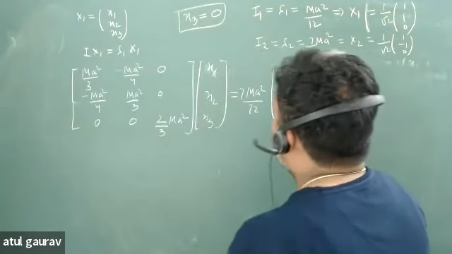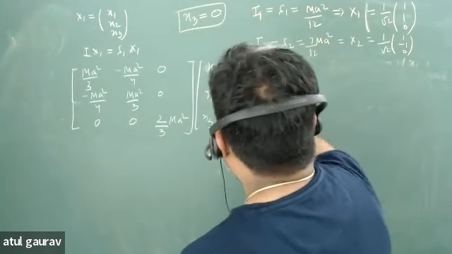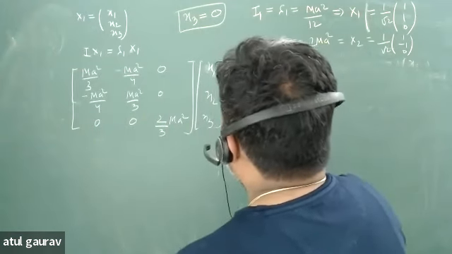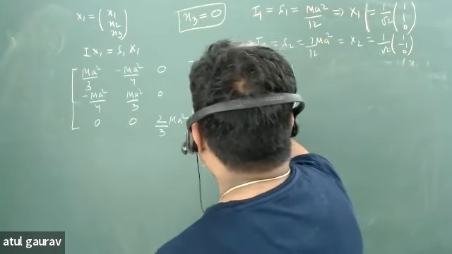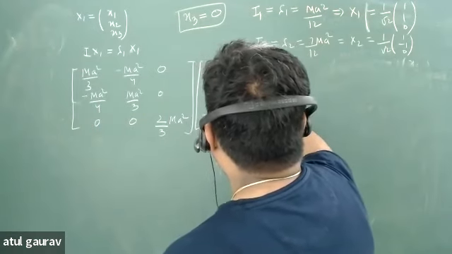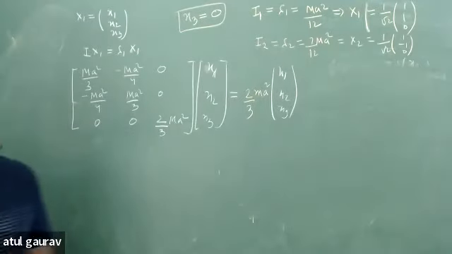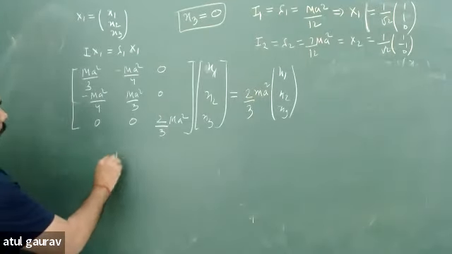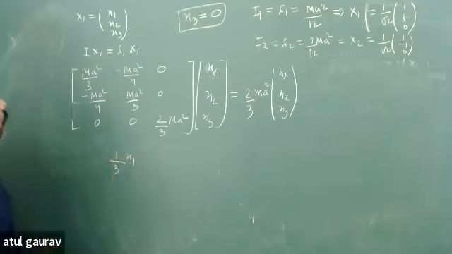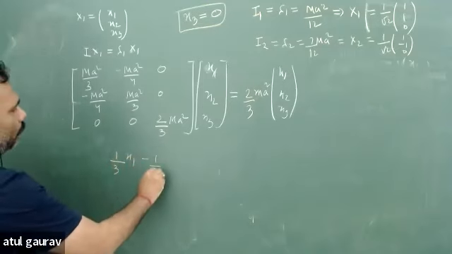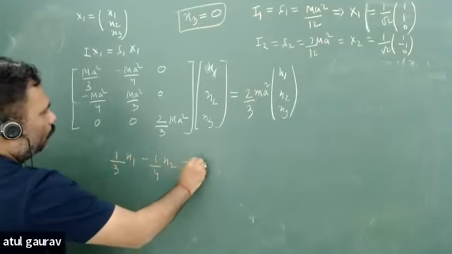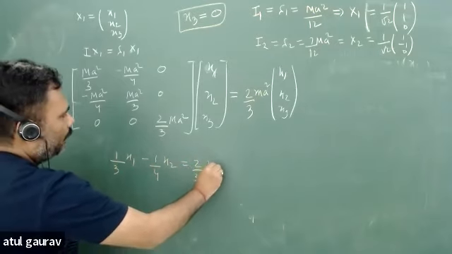अब यहां क्या हो जाएगा भाई? 2 by 3 ना? Yes, sir, 2 by 3 ma square. चलिए देखते हैं, क्या आ रहा है: 1/3 x1 minus 1/4 x2 is equal to 2/3 x1.